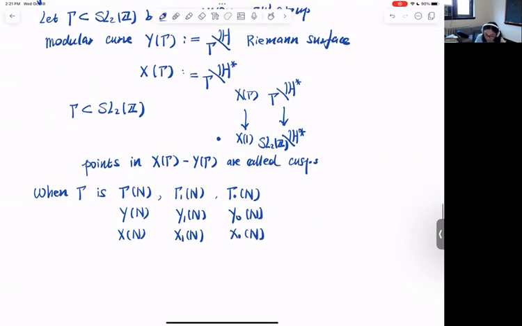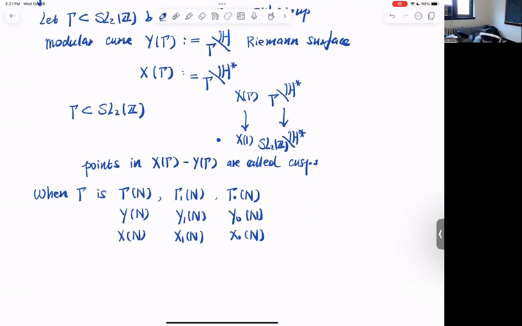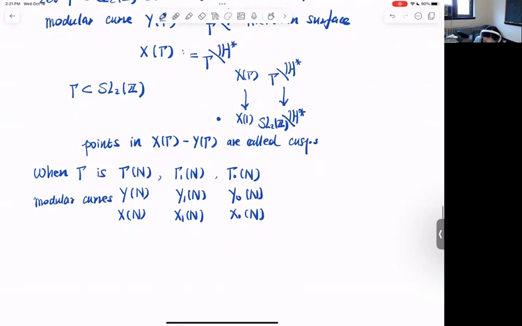So these are the modular curves. This is the notation.